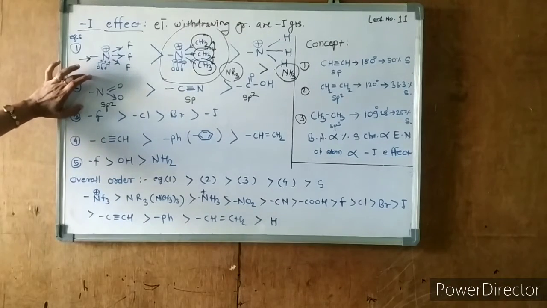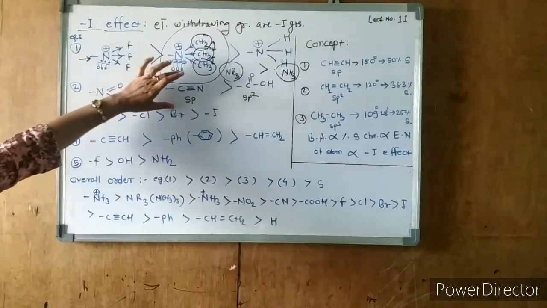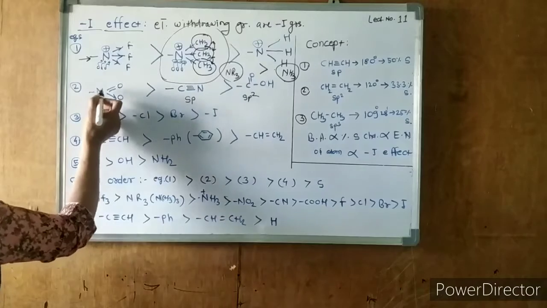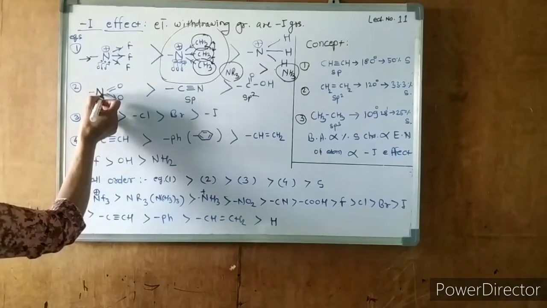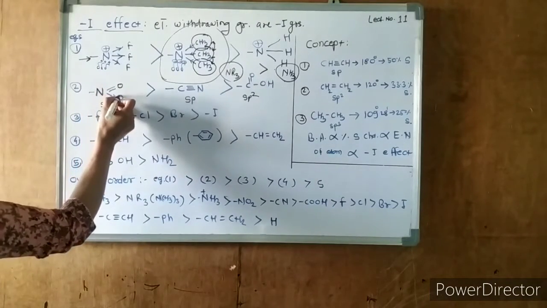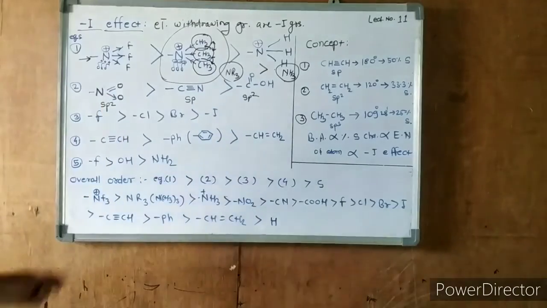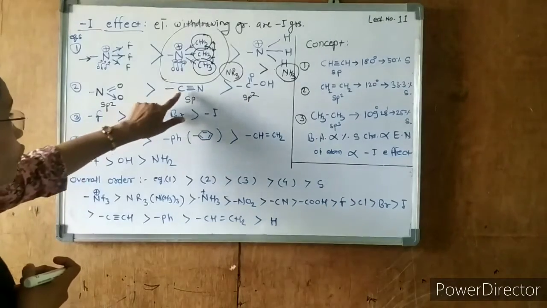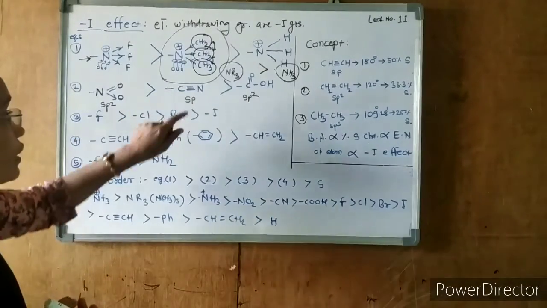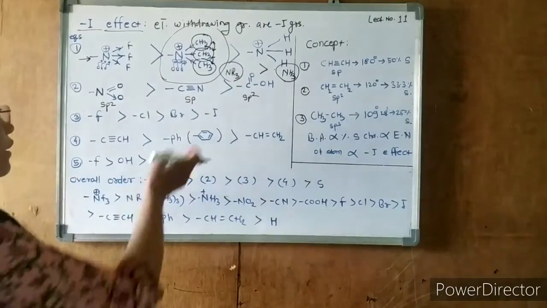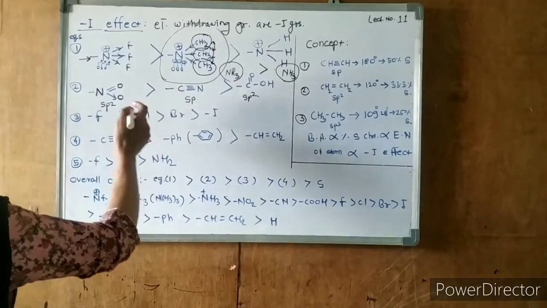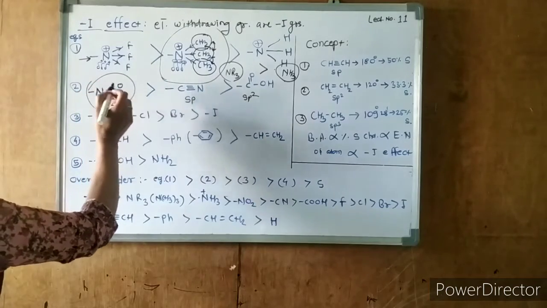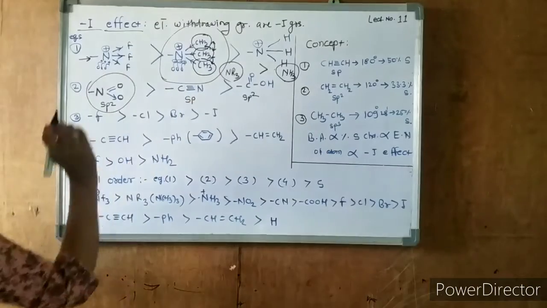NO2 has more order, right? NO2, then CN, and then COOH. Why? Because here both the atoms, the nitrogen as well as oxygen, are electron withdrawing groups, right? All these atoms are electron withdrawing groups. And here only nitrogen is the electron withdrawing atom, and carbon in turn will also withdraw electrons. But here the overall minus I effect for the NO2 group is larger than that of the CN.